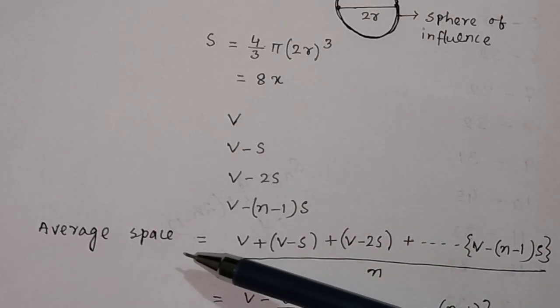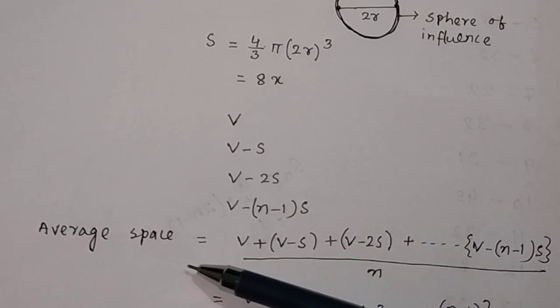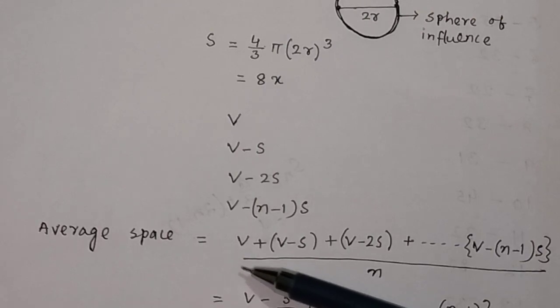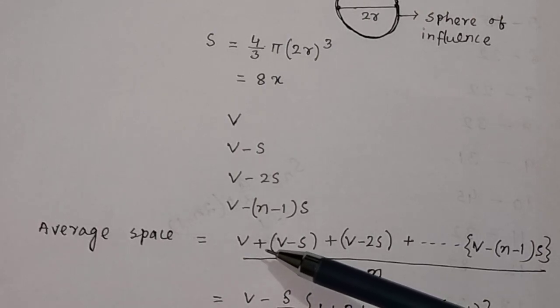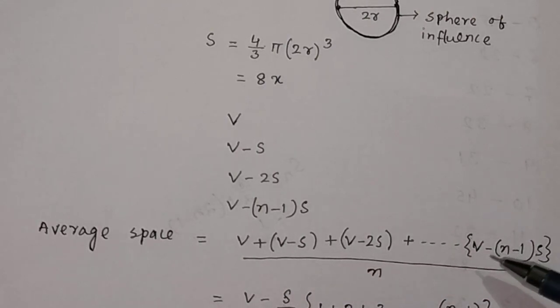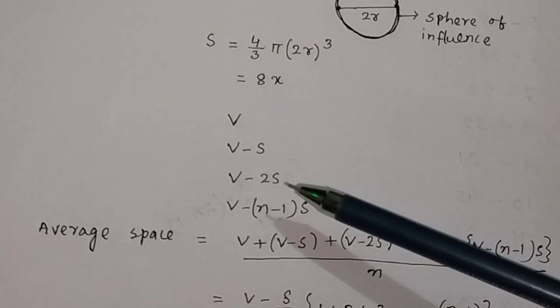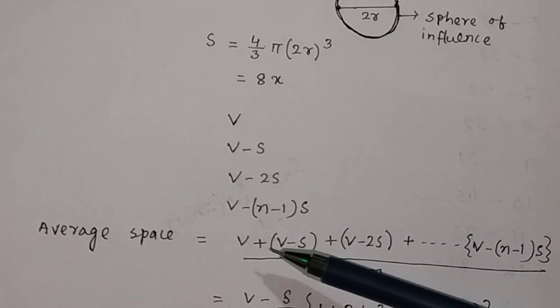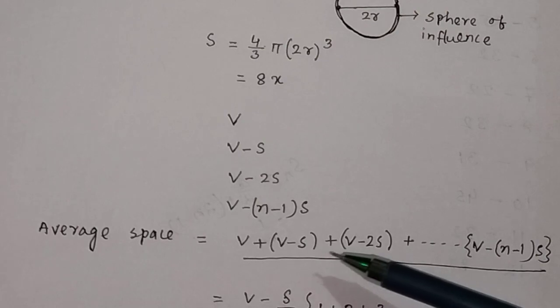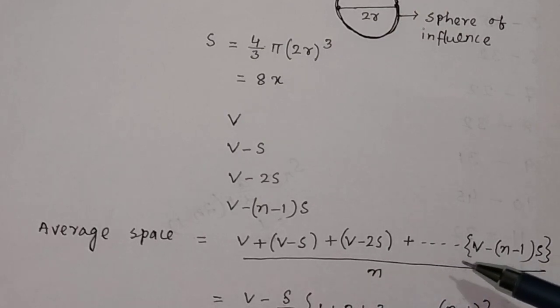So what will be the average space available for the molecule? That is equal to the arithmetic mean of the volume available for each molecule, that is equal to V plus (V minus S) plus (V minus 2S) up to V minus (n minus 1) into S, divided by n.